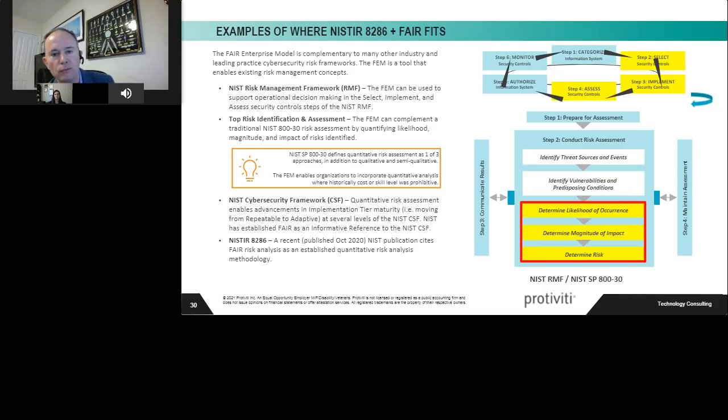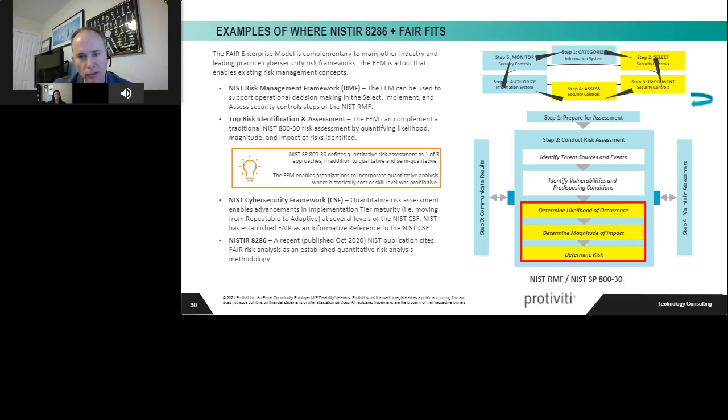FAIR specifically fits in with these yellow boxes. FAIR is complementary. It's not competing in any way. It's a risk analysis framework that nicely plugs in and fits within a lot of these other frameworks like we're talking about, specifically in the context of this presentation within 8286 and NIST RMF.